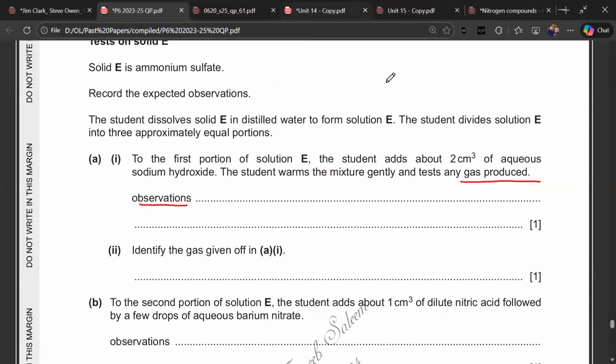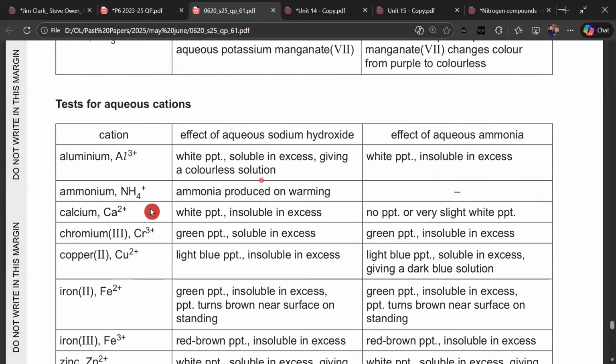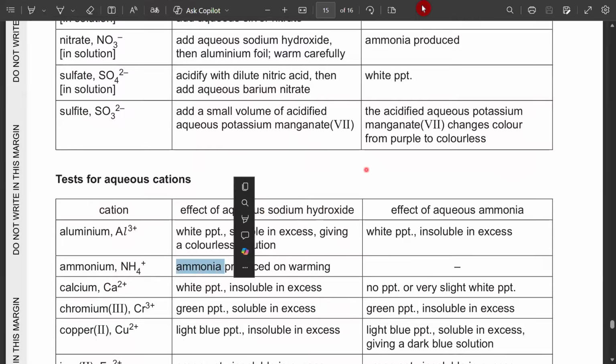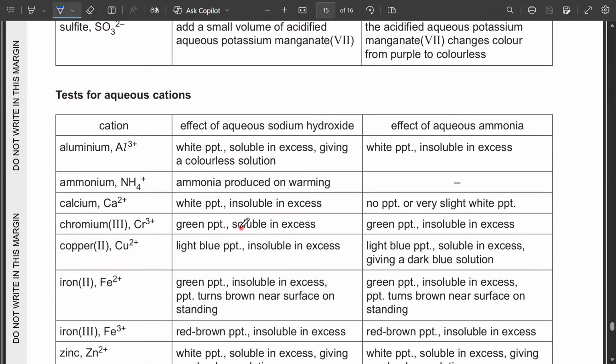If we look at the qualitative notes here, we have the ammonium ion, and the reaction is done with aqueous sodium hydroxide. The gas produced is ammonia gas, but we have to tell the observation. What are the observations by which you can tell this is ammonia gas?